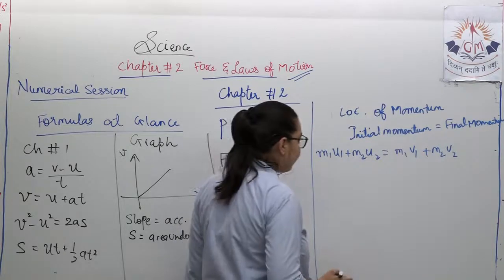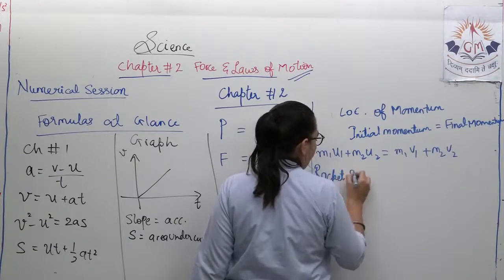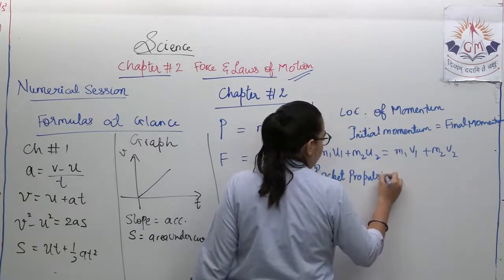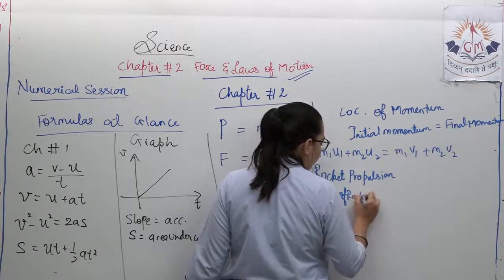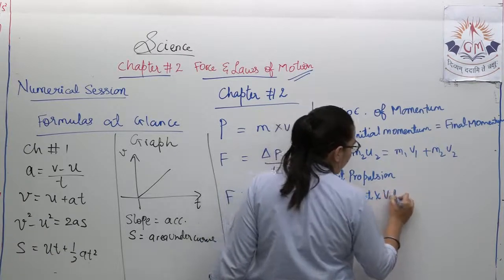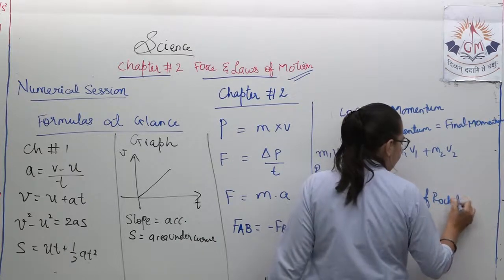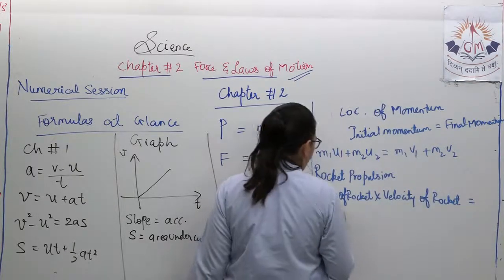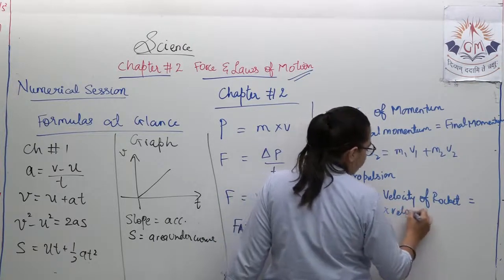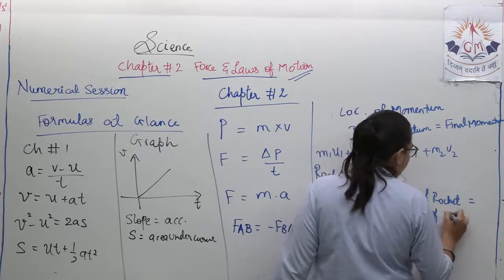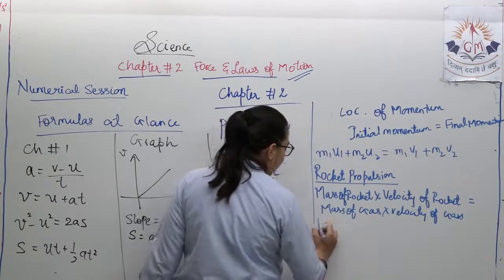Fine. Next, for rocket propulsion: mass of rocket into velocity of rocket is equal to mass of gas into velocity of gas. These are equal. Next, for the recoil velocity.